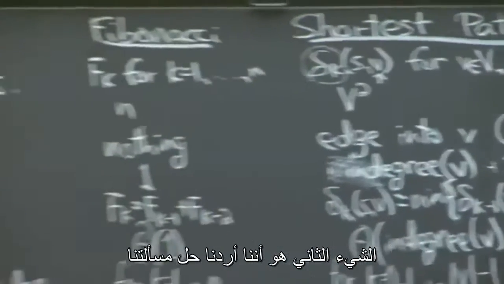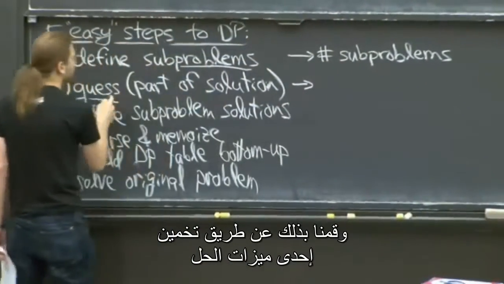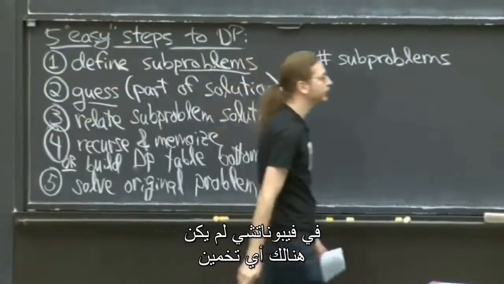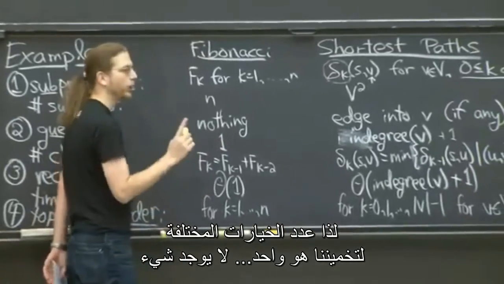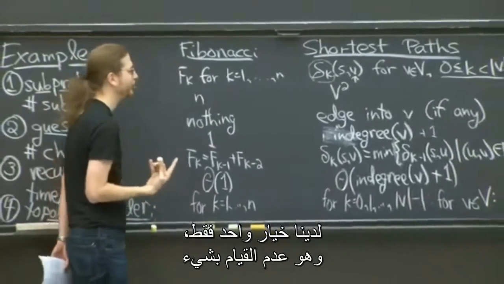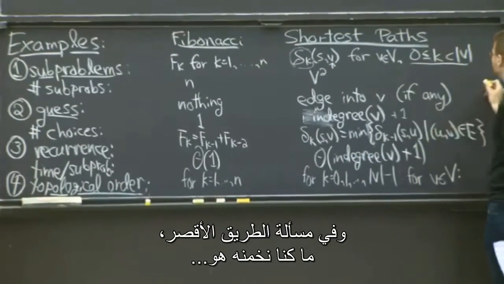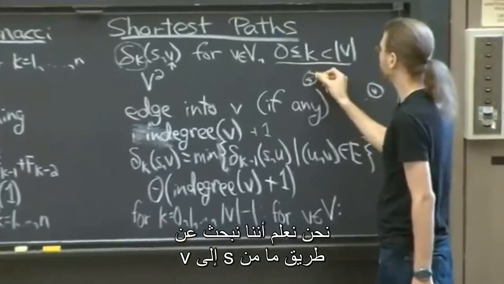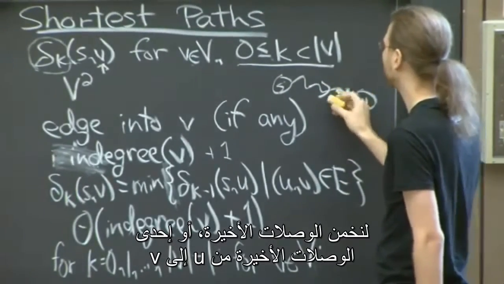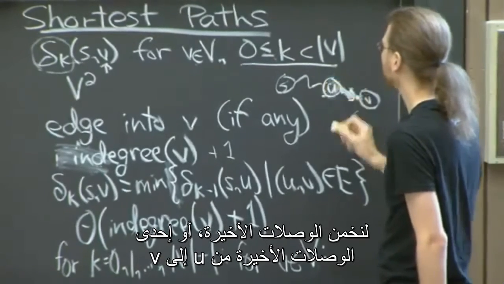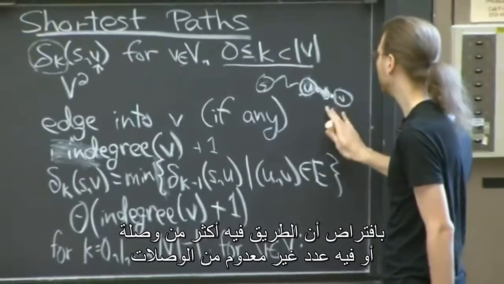OK, second thing was we wanted to solve our problem. And we do that by guessing some feature of the solution. In Fibonacci, there was no guessing. So the number of different choices for your guess is 1. There's only one choice, which is to do nothing. And for shortest paths, what we guessed was, well, we know we're looking for some path from S to V. Let's guess what the last edge is. There's some last edge from U to V, assuming the path has more than 0 edges.